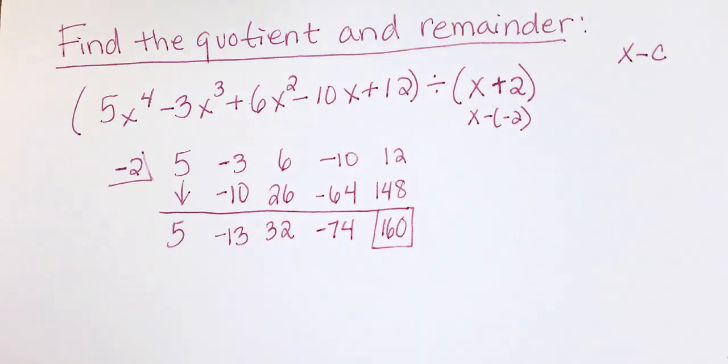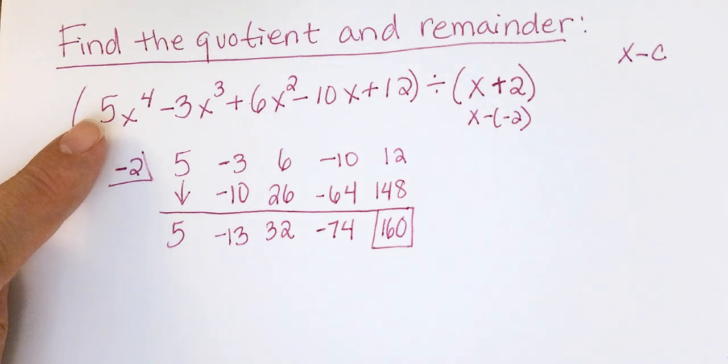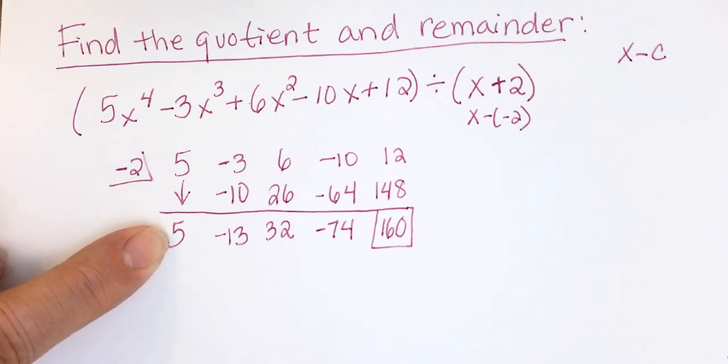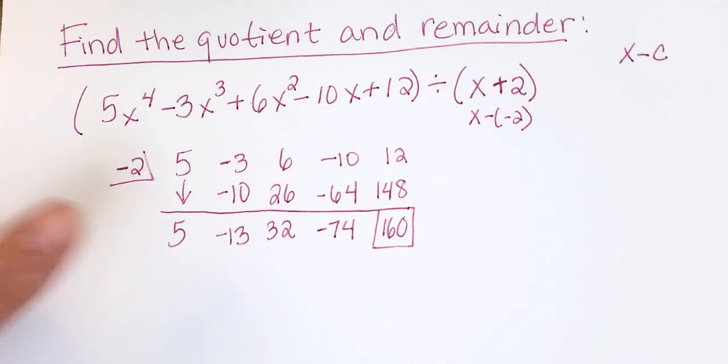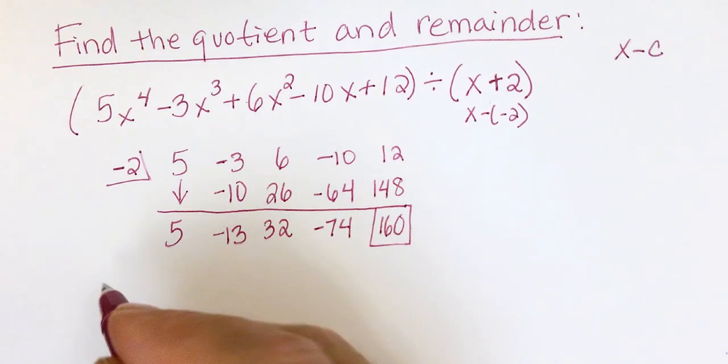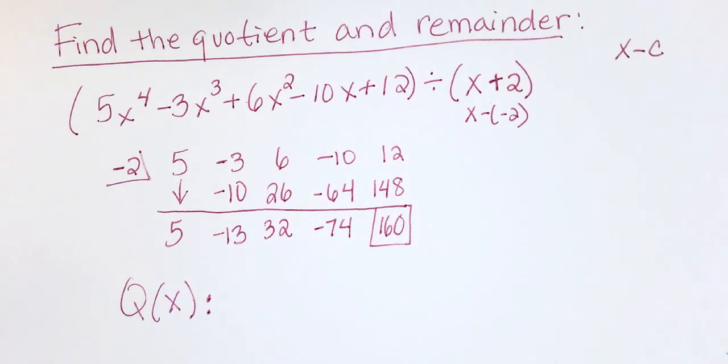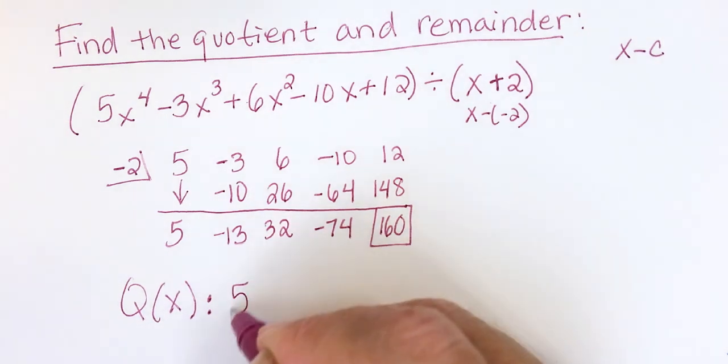We started out with an x to the 4th, and we divided by an x. So x to the fourth, and I take one of those x's away, I have x cubed. This first number that we have here is going to be the coefficient for the x cubed. So our quotient, which we are going to call q of x, is 5x cubed.